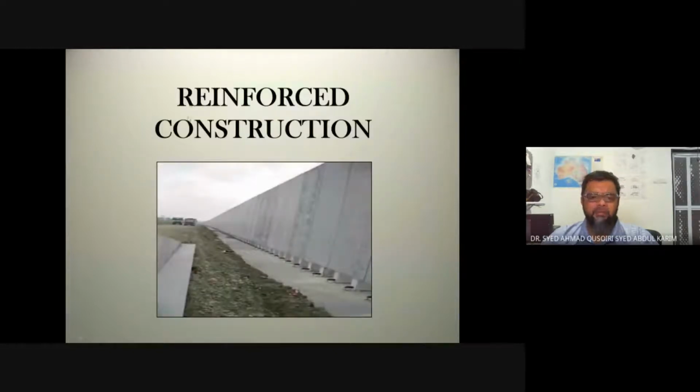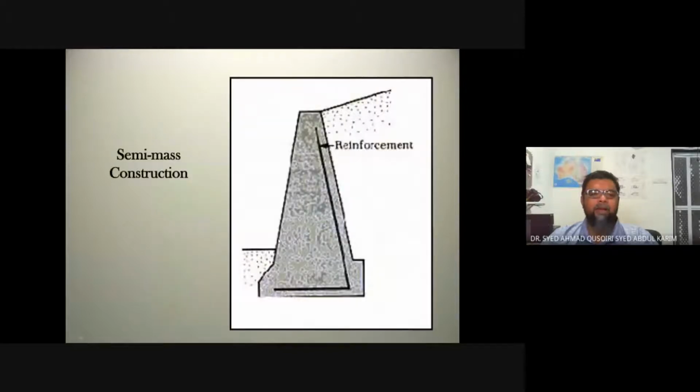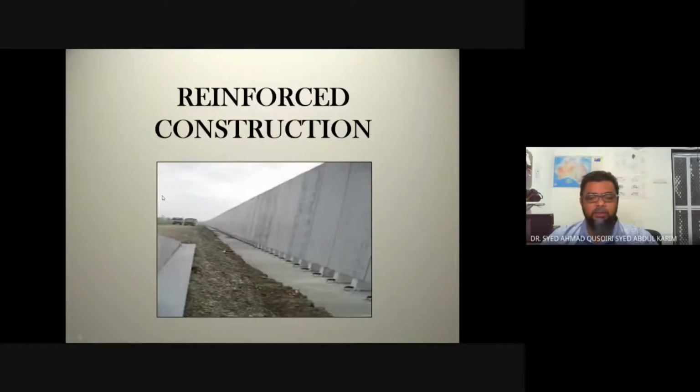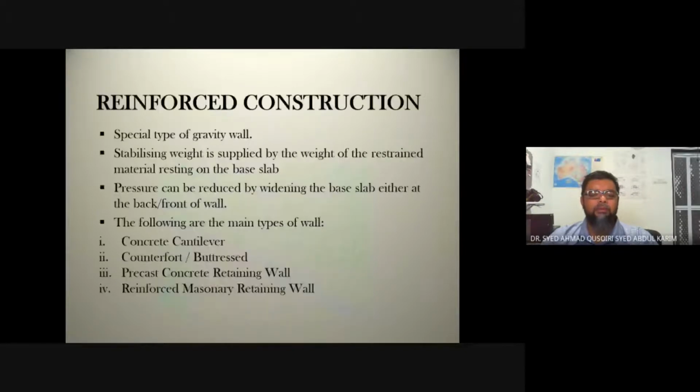Reinforced construction. So it is using the mass of the concrete as well as the strength of the reinforcement. So we have here reinforced construction. It's a special type of gravity wall. Stabilizing weight may be supplied by the weight of the restrained material resting at the base slab.